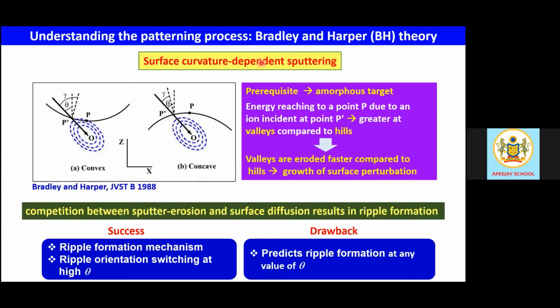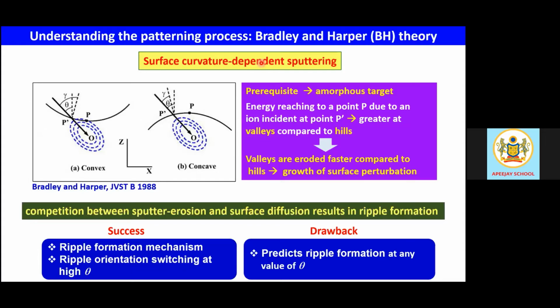Now, once again, over the period from 1962 to Peter Sigmund's theory of 1973 on ion sputtering, this famous theory by two gentlemen from the United States, namely Richard Bradley and Dr. Harper, came in between, and that was in 1988. This paper has now been cited more than 1,000 times.